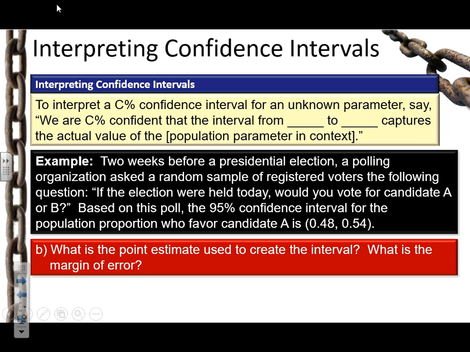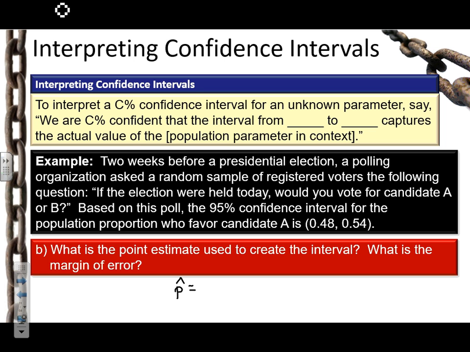So based on the confidence interval, what is the point estimate that was used to create the interval? So if we want the point estimate, we need to know the point estimator, which in this case is p hat, right? We're talking proportions.